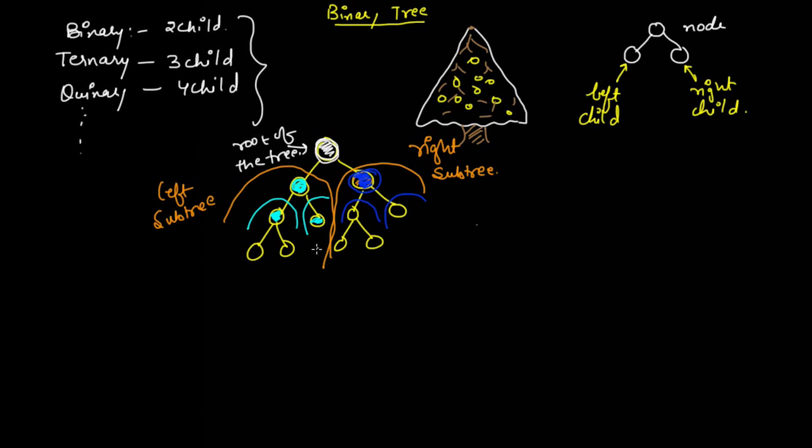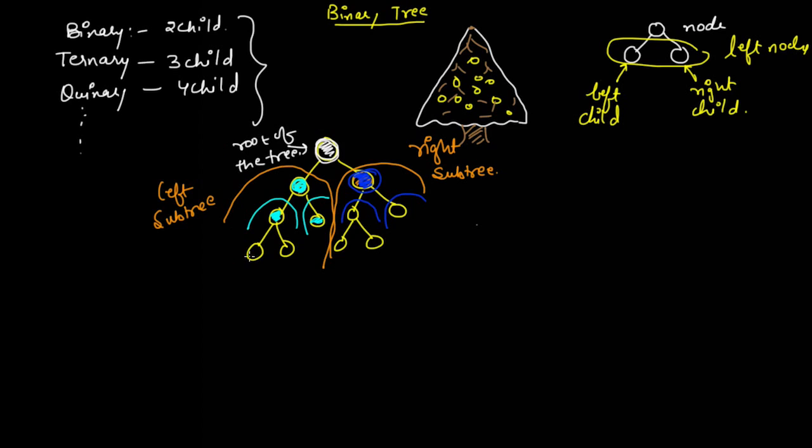It may happen that some nodes do not have a left child and some nodes do not have a right child. The nodes which have neither a left child nor a right child are called leaf nodes. For example, in this first example, these two are the leaf nodes. They are also the left child and the right child, but they are also leaf nodes. Any node which has neither a left child nor a right child is called a leaf node.